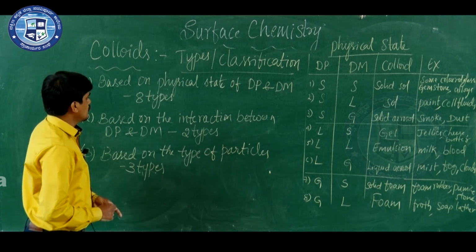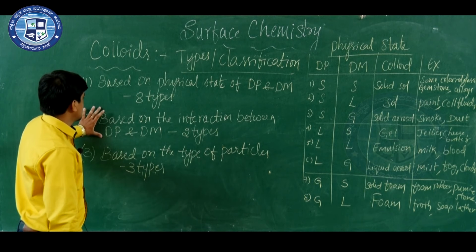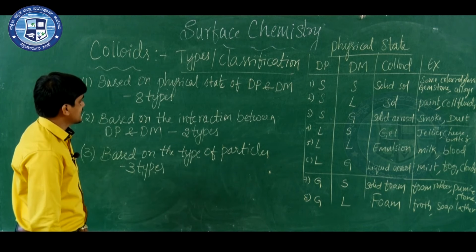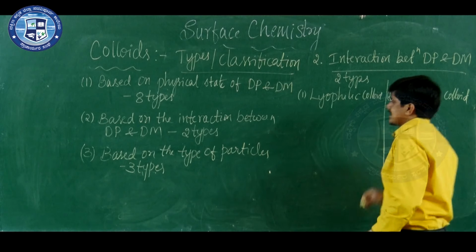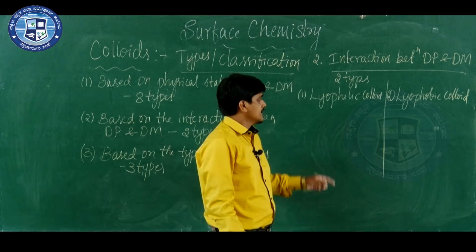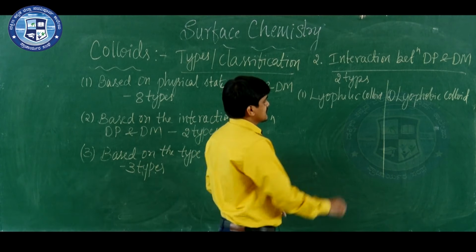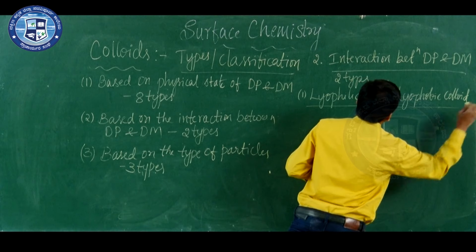Next, go for the second. What is that? Based on the interaction between dispersion phase and dispersion medium, lyophilic colloid and lyophobic colloid. These are the two types of colloids.